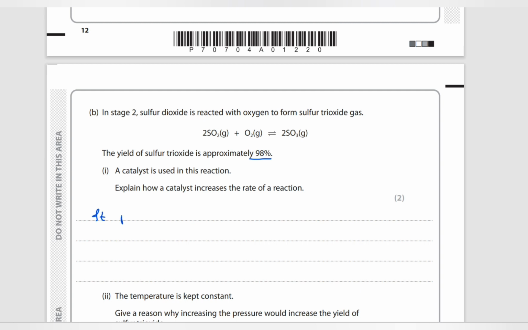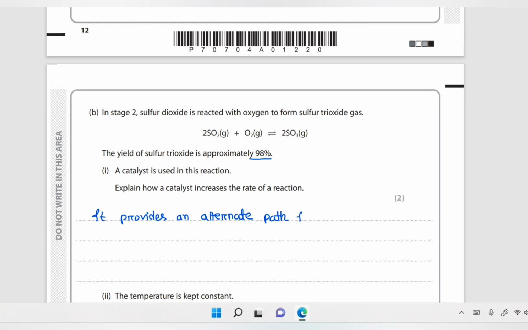it provides an alternate path for the reaction to occur at lower activation energy.